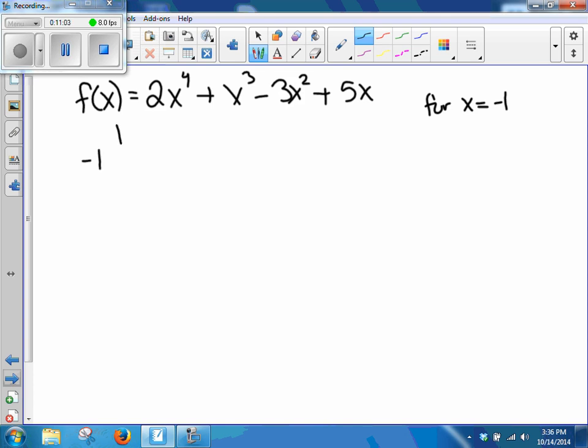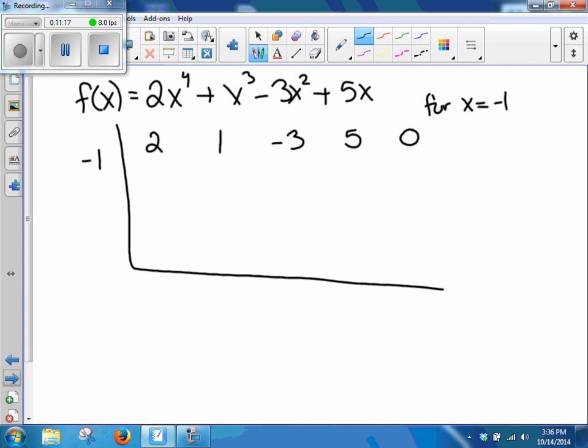Here we go. Negative 1 goes on the outside, I draw in the box. I have to start with x to the 4th, so that's 2. X to the 3rd is 1. X squared is negative 3. X is just 5, and then I do not have a constant term, but I still need to put that in there. I still have to have basically a placeholder. I've got to have that, okay?